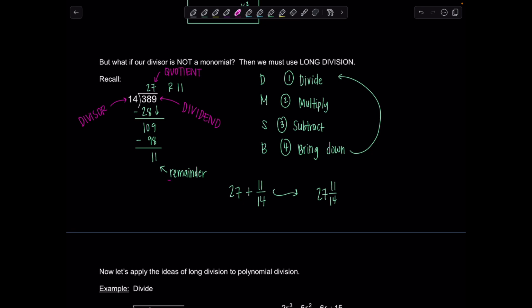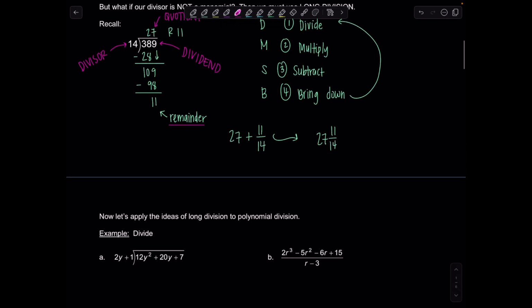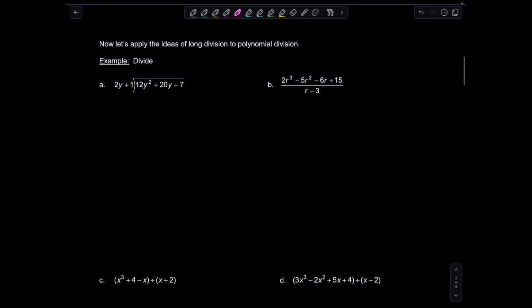And then you already know where the remainder is. I don't think it's too crucial that you use the terms dividend and divisor, but just so you hear them, you don't get freaked out, and you know what quotient is. That's probably more important. Okay, so now let's work on applying this 4-step process to polynomial division.